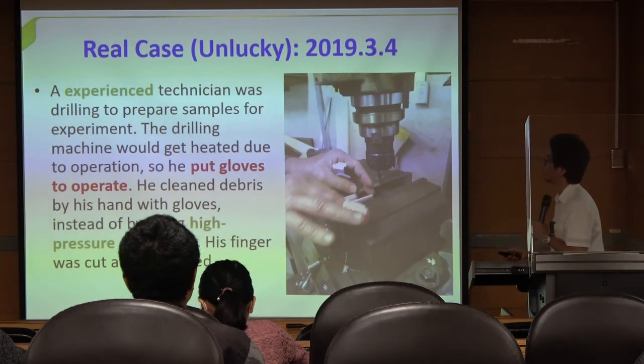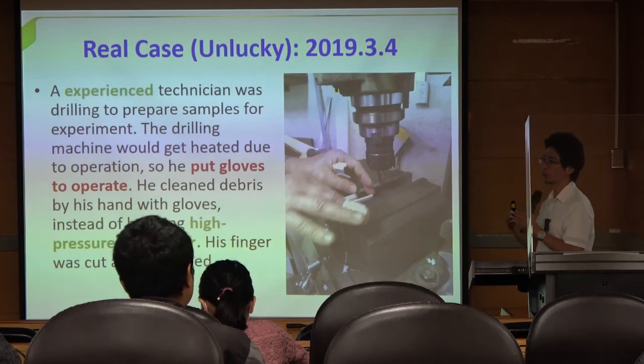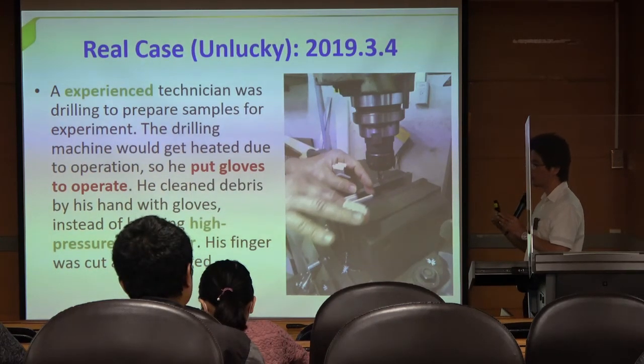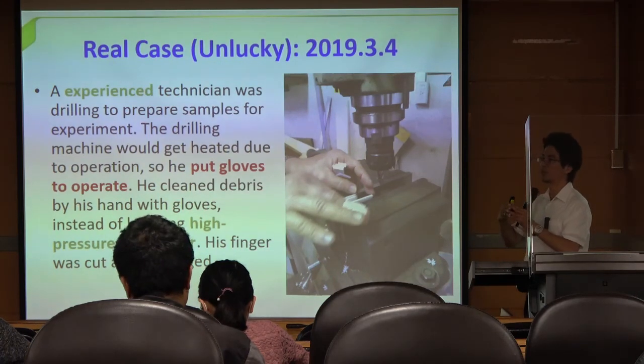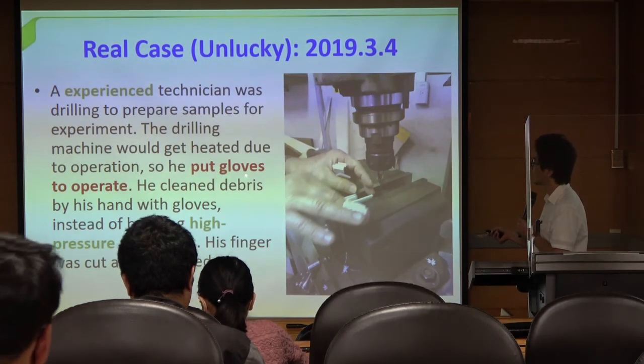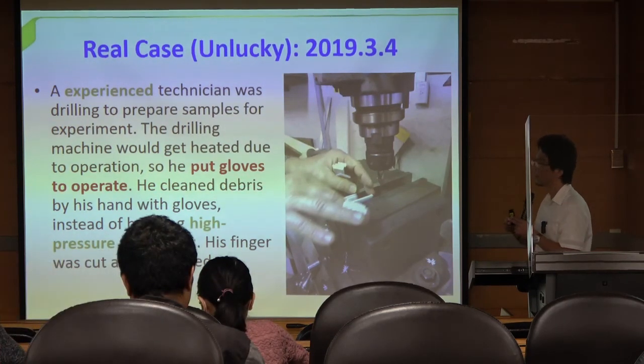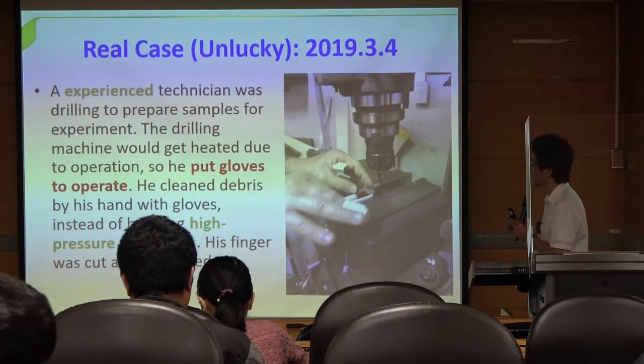Do not put on gloves when you are working with rotating machines, because if you get caught, the gloves will pull your finger inside the rotating machine. So it's very dangerous. You cannot put on gloves, but the experienced technician put on his gloves to operate it. He was very lucky because only his fingers were cut.